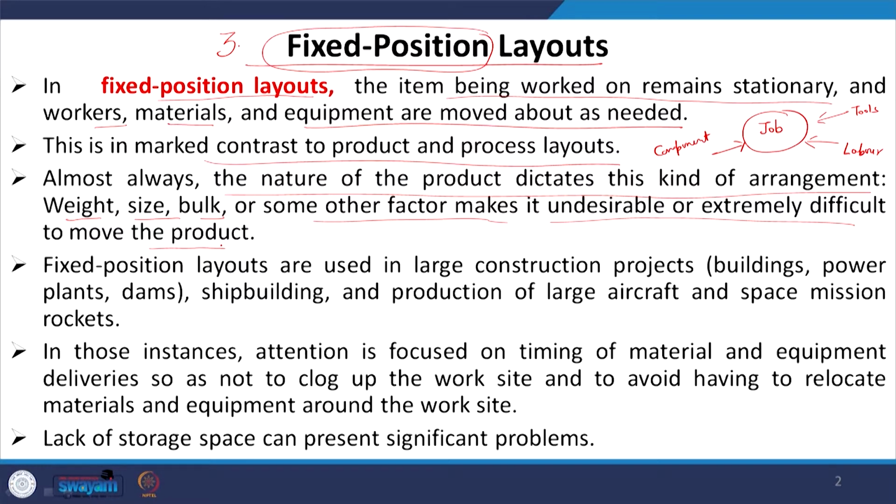Similarly, in manufacturing, examples are the aeroplane industry and shipbuilding. These products are very large and very bulky, so it is almost impossible to move them from one place to another. Their job remains stationary and the tools are coming and going. If you visit any shipbuilding facility, you will see that kind of fixed position layout.